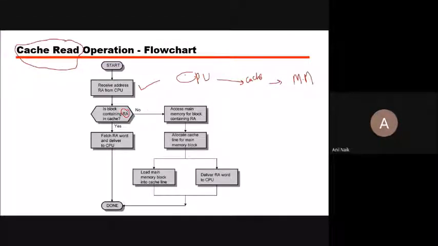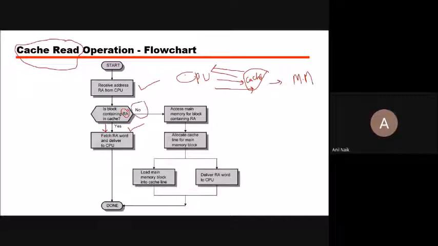So for the CPU, that address will first be checked in the cache memory. If it is present, yes, then read the word and deliver to the CPU. If the data is present, then it will deliver to the CPU, right?